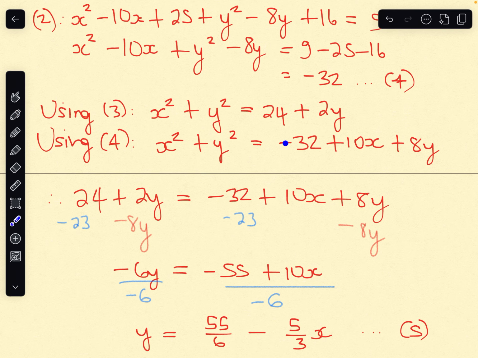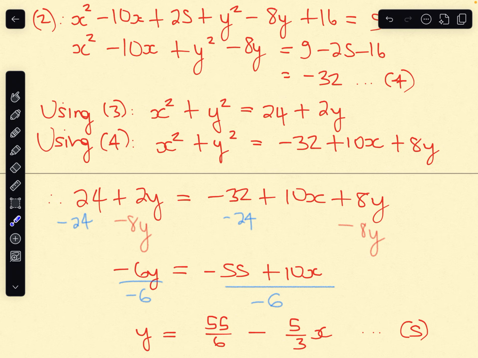So now we equate the two, right? This must be equal to this because both of these are the same as x squared plus y squared. And then from there, okay, that's untidy. From there, we minus 24 on both sides, and then we minus the 8y on both sides. So this is minus 6y.